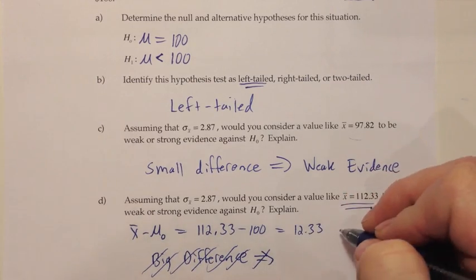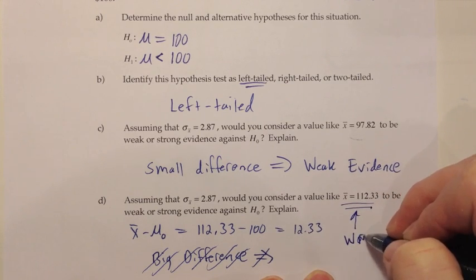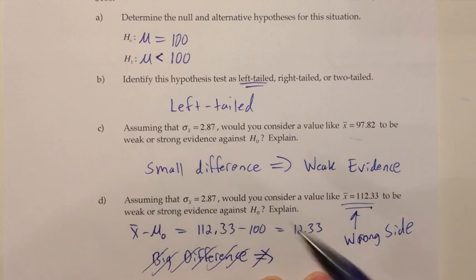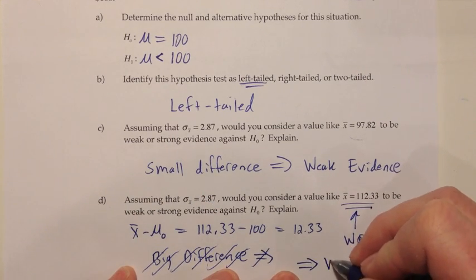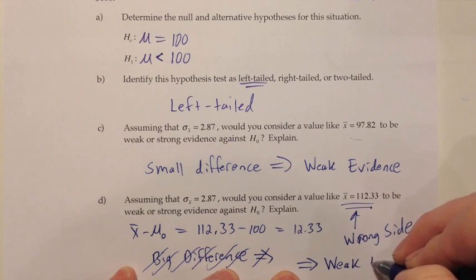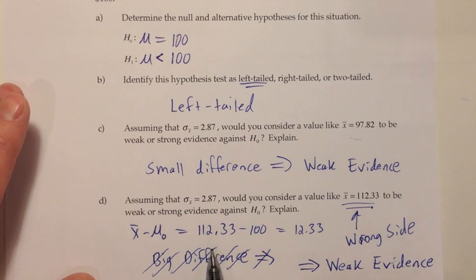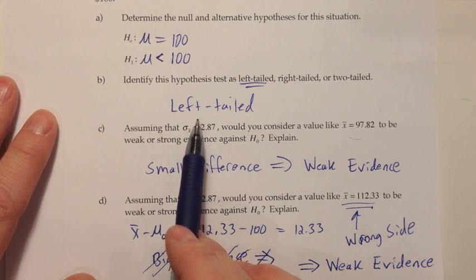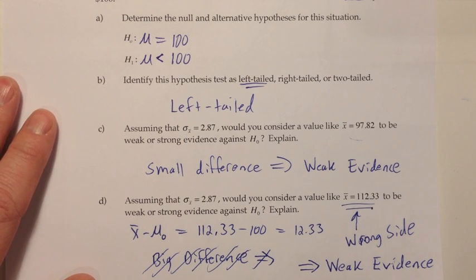So this is on the wrong side because it's on the right and we're doing a left-tailed test, and anytime you're on the wrong side you've got very weak evidence. So that's kind of an interesting one, a little bit tricky, but this can happen sometimes. So I would have said it was strong evidence because we were 4 standard deviations away if it was on the left side, but because it's on the right, it actually turns out to be weak evidence after all.